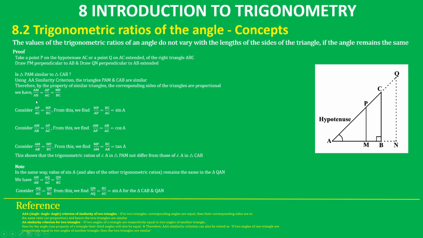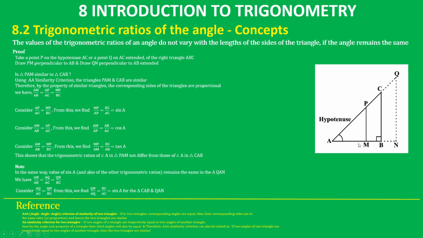Consider AM by AB and MP by BC. Now what you do? Move this AM to here and move this BC to here. Then it becomes MP by AM is equal to BC by AB. What is MP by AM? Consider MP is the opposite side and AM is the adjacent side to angle A for the triangle PAM.